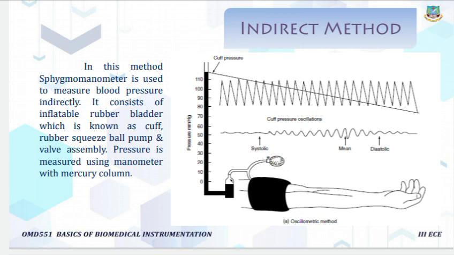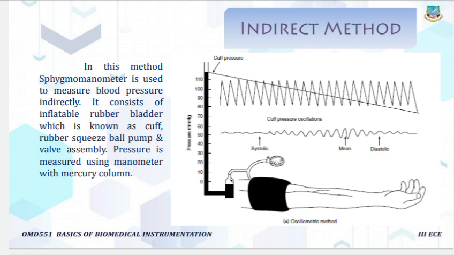The pressure is measured using a manometer or a mercury column. Based on the readings noted in the mercury column, we get the measurement of the pressure.